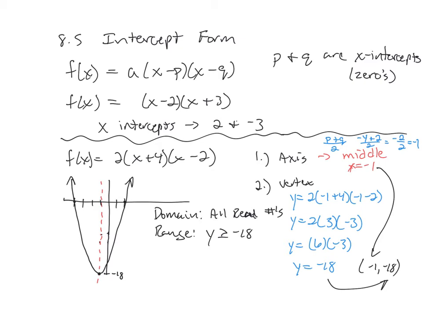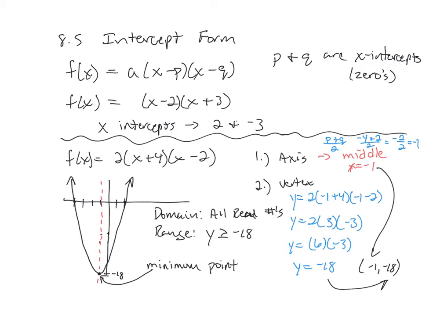Okay, so we talked about in a previous section that this is what's called a minimum point. And that's because that's as low as it can go. The number that's the lowest possible when I plug in numbers is -18.